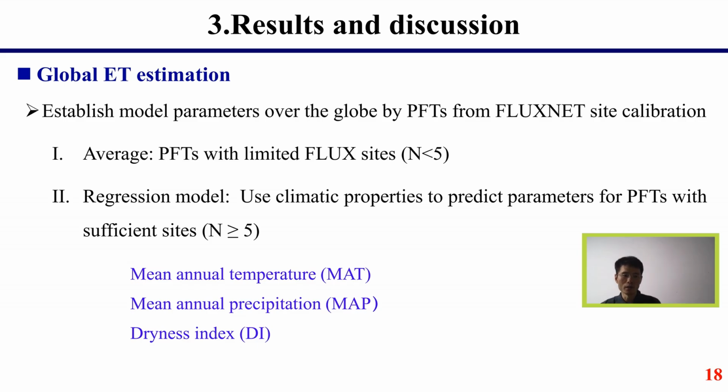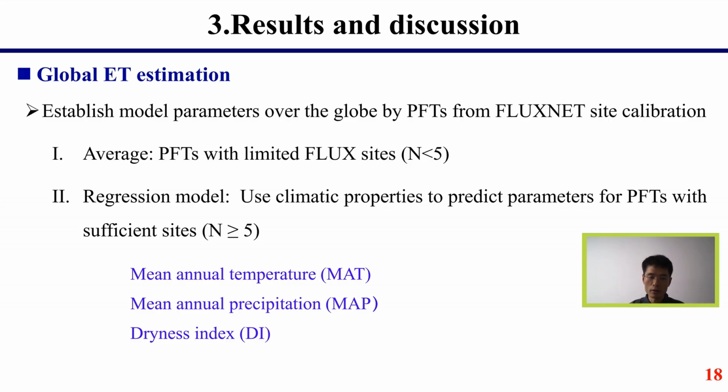So here we need to establish the global distribution of the model parameters. For a PFT with very limited flux sites, for example closed shrubland with maybe just 2 or 3 sites, we just use the average of the parameter to establish the global distribution.